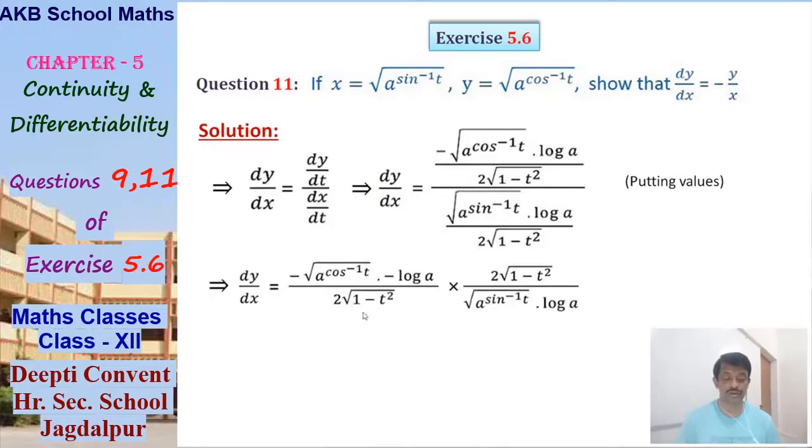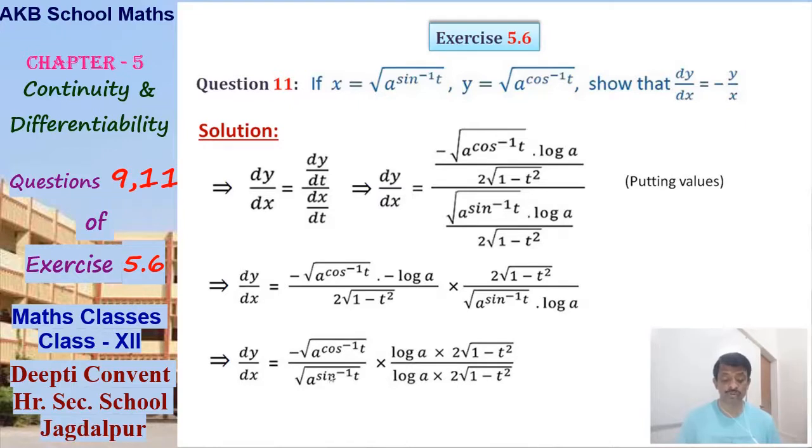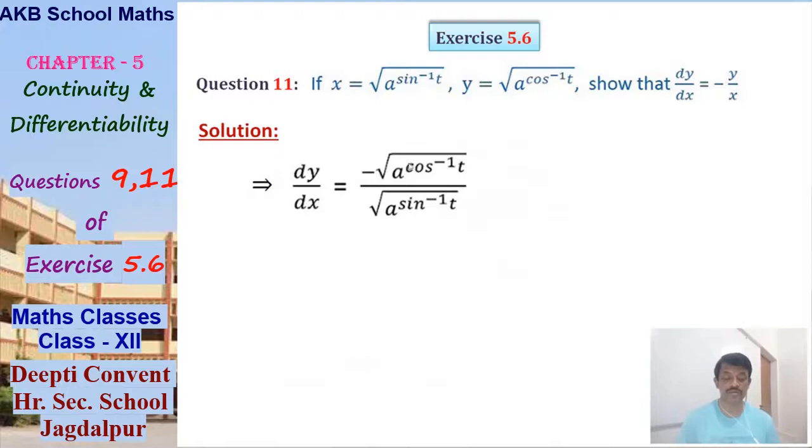Root of this by this goes into the numerator and denominator, and this cancels, the minus sign is remaining, and log a cancels. So root of a^(cos inverse t), root of a^(sin inverse t), and these two quantities will cancel. So minus of root of a^(cos inverse t) upon root of a^(sin inverse t).